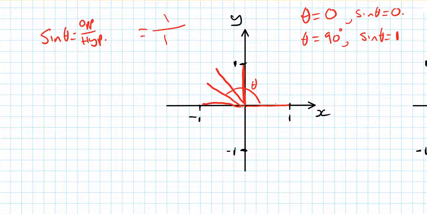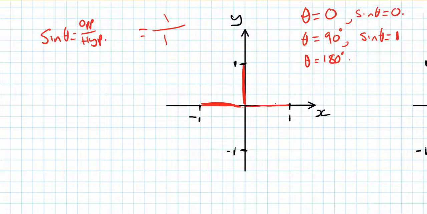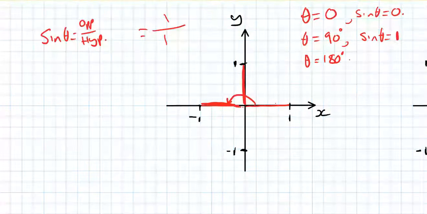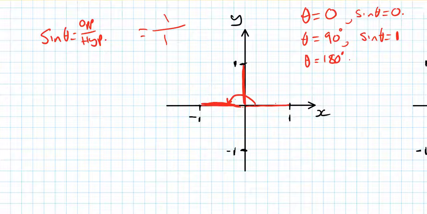Now, we have to work out what that opposite over hypotenuse is going to be. So let's think about it at 180 degrees. Again, at 180 degrees we have that opposite of 0, because the opposite is the y coordinate. We've got a little tiny opposite at this point, and if we go to there, it's even smaller. So right at 180, again, sine theta is equal to 0.